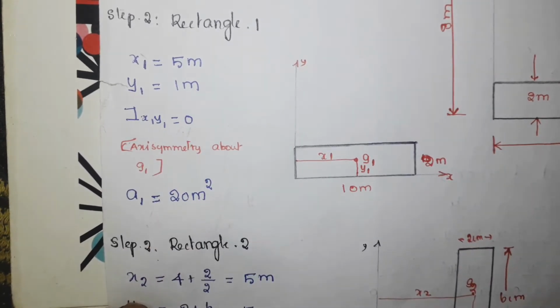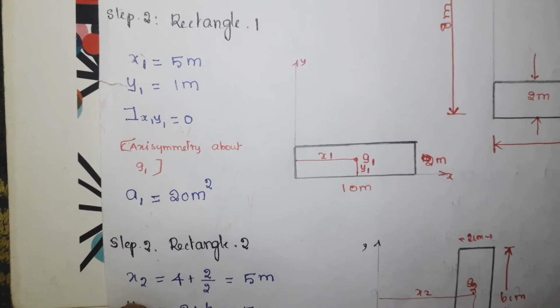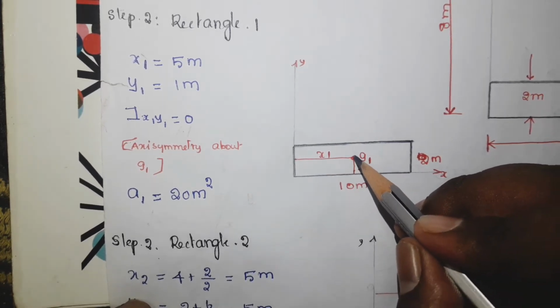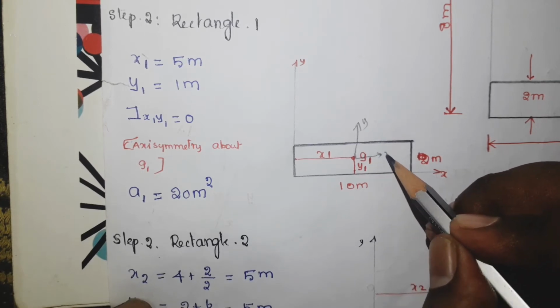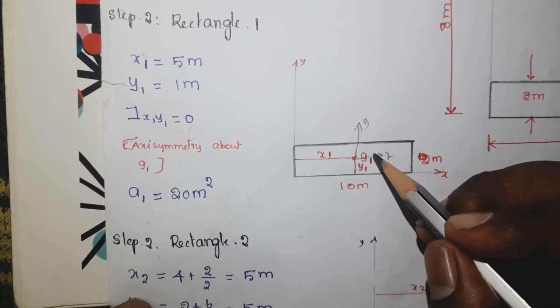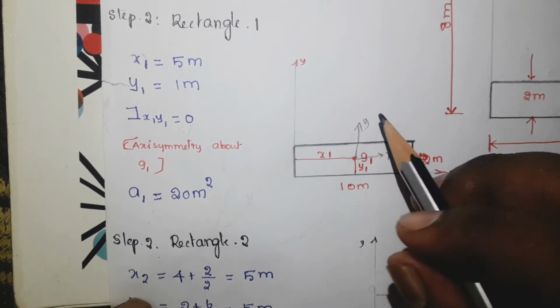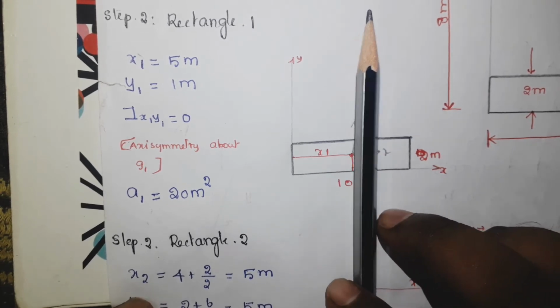The new variable introduced in this problem is Ix1y1. It is nothing but the product moment of inertia with respect to the axes passing through g1. So this is the y axis and this is the x axis. Now the product moment of inertia with respect to these axes for this rectangle: you see here, it is axis symmetrical with respect to the y axis.